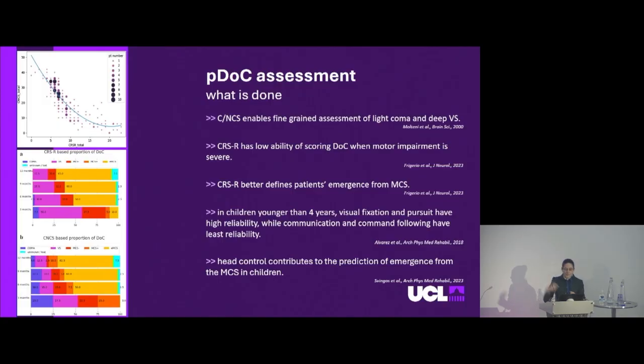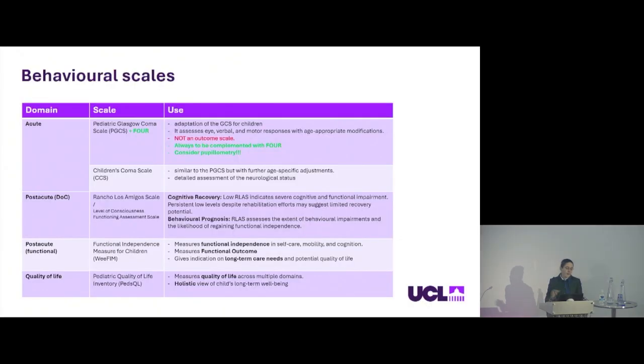For example, with the Coma Near Coma scale, in this cohort we have a few more patients rated in a light coma, but we also see the capability of the scale to really identify minimally conscious state plus patients with respect to minus. So the reality is a little bit more complicated than a simple decision towards a positive or a negative bias.